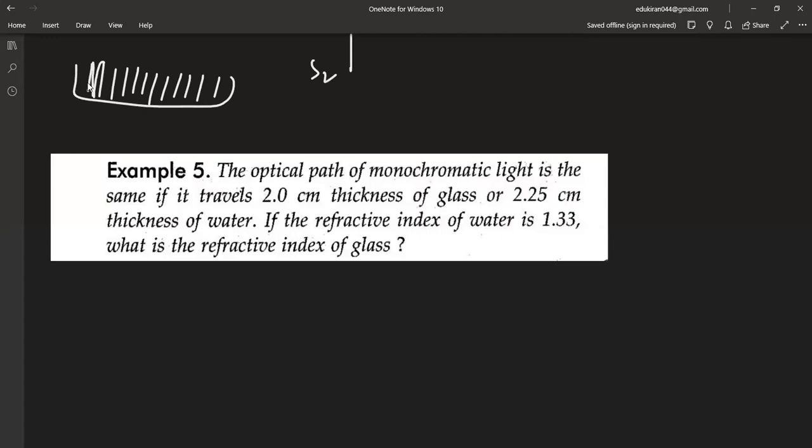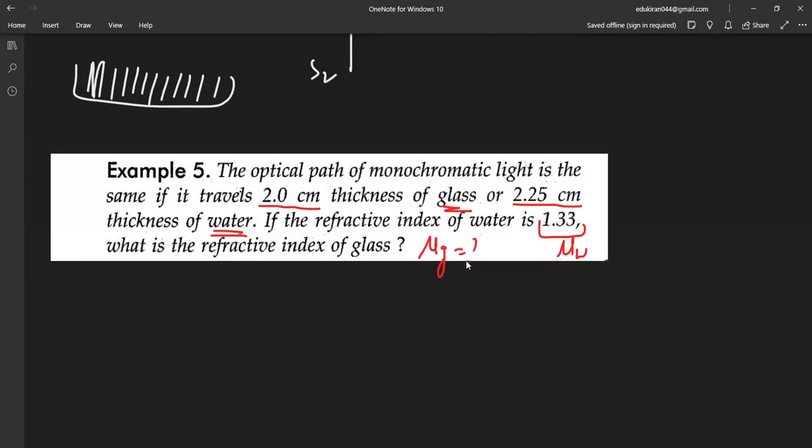If the refractive index of water is 1.33, what all things are given? Thickness of glass, thickness of water, and the refractive index of water is specified. You have to tell what's the refractive index of glass.